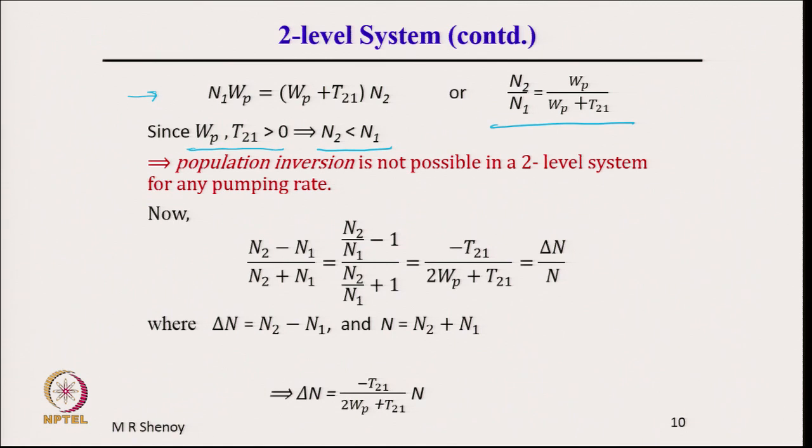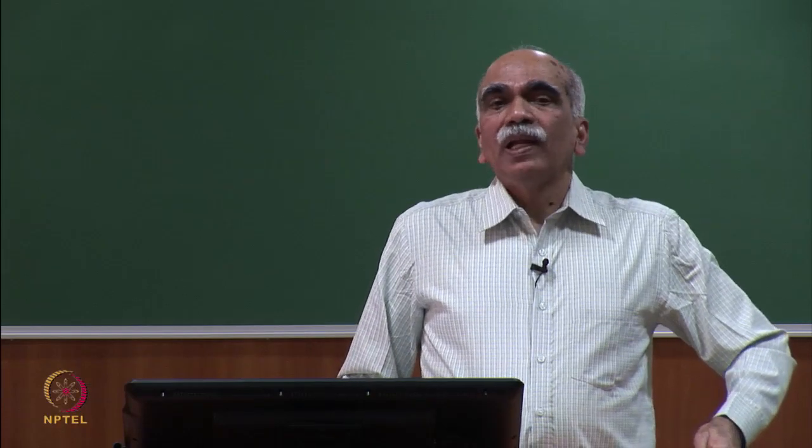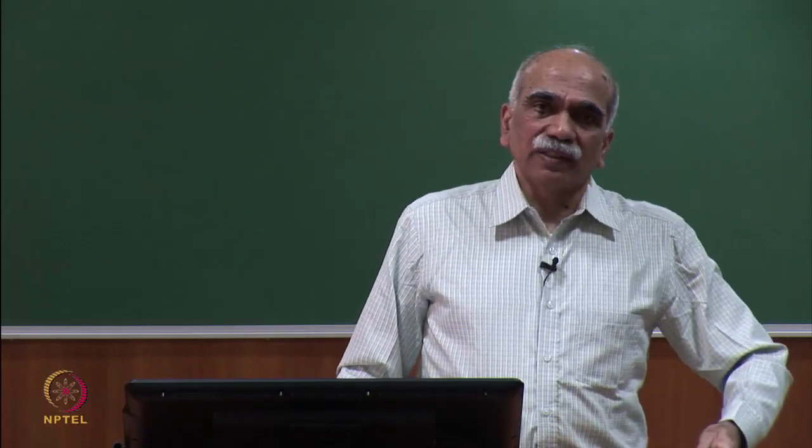In other words, population inversion is not possible in a two level system for any pumping rate at steady state. I want to add this at steady state, because in transient mode it is possible to momentarily achieve population inversion, but you cannot get a steady state population inversion in a two level system. So, obviously, we will have to go to 3 level and 4 level systems.